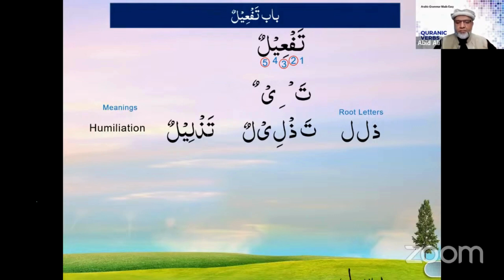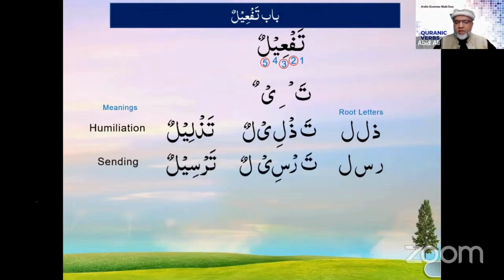Yeah? Okay. If you say Ra, Sin, and Lam, then it will become Tarsil. Tarsil is sending. Now, when we took the words Ra, Sin, and Lam with Bab If'āl, it was Irsal. Does Irsal have something to do with sending also? Okay. Yes.